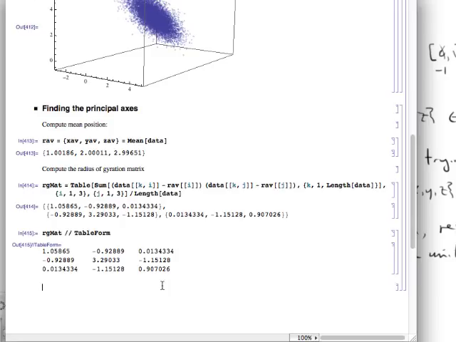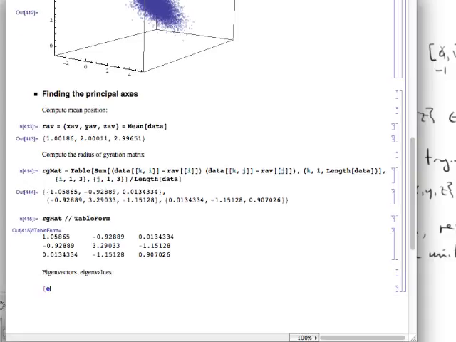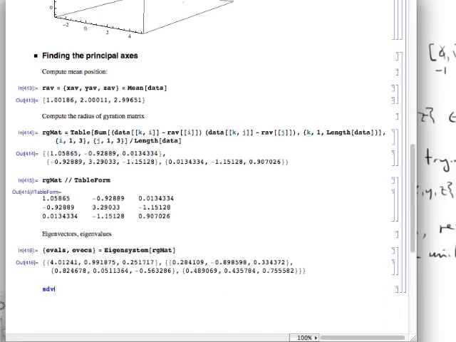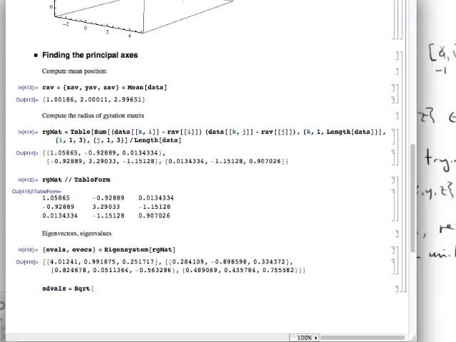And now we need the eigenvectors and eigenvalues of that, which are easy as pie to get, given Mathematica's ability to compute eigenvectors and eigenvalues. And there they are. Now the standard deviation values are the square roots, as I mentioned, of the eigenvalues.